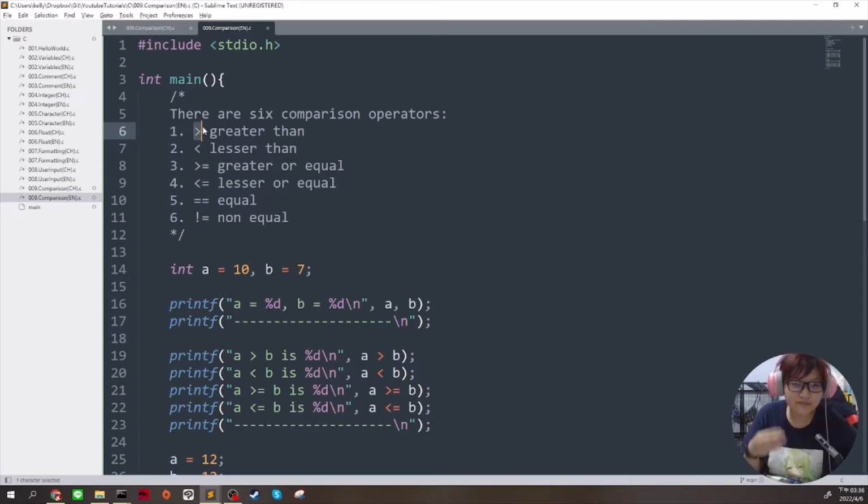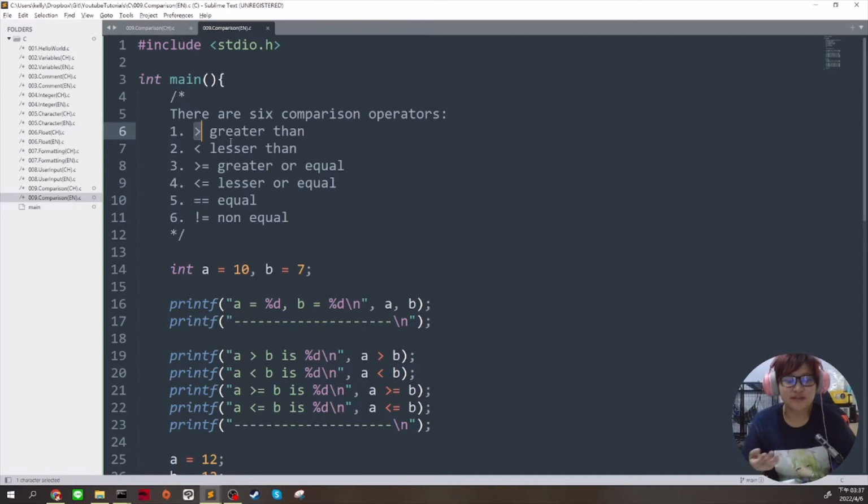An operator must return something. And with comparison operators, just like the name says, we are going to compare two numbers. You are not restricted to comparing integers; it could be a character, a floating point, or a double.